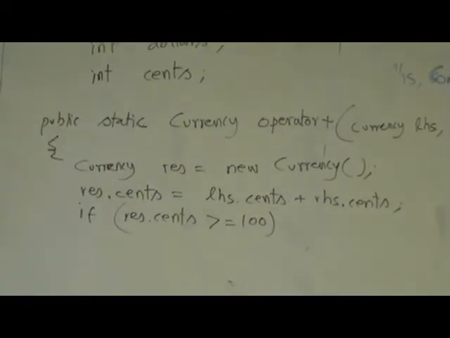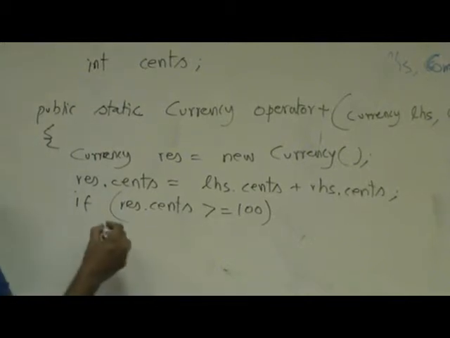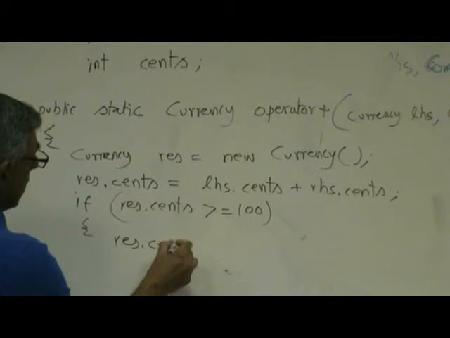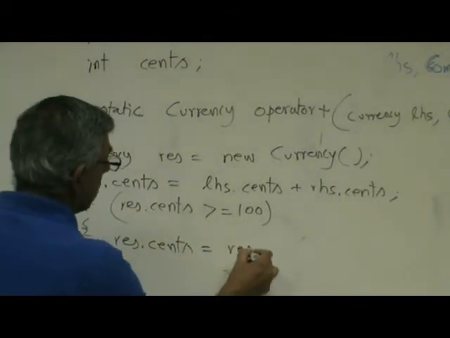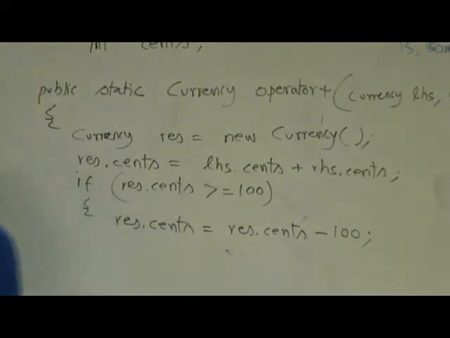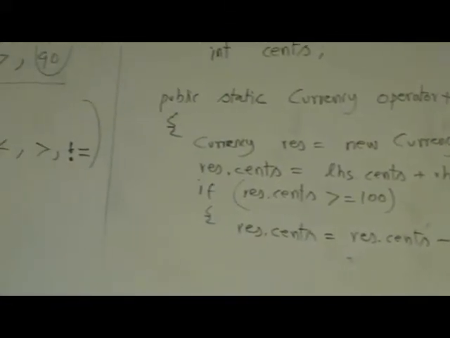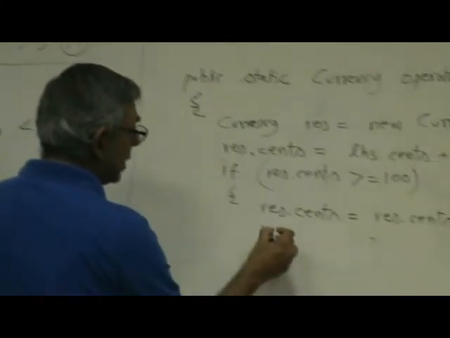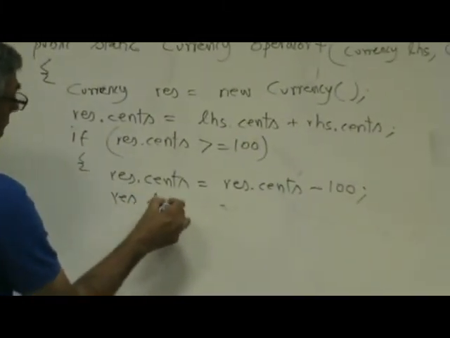Okay, if it becomes greater than or equal to 100, then what will we do? Res.cents equal to res.cents minus 100, right? So if it became 110, we will subtract 100, so it will become 10 cents. However, in that case, what do we have to do?